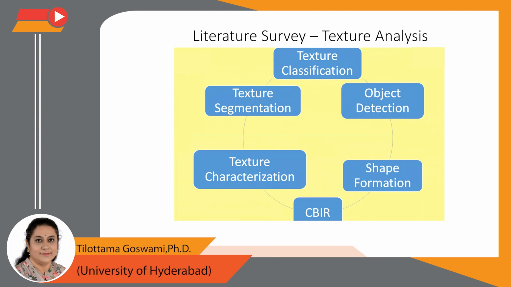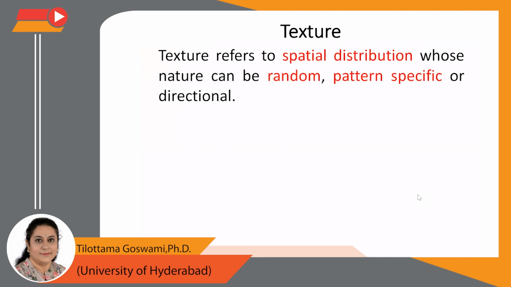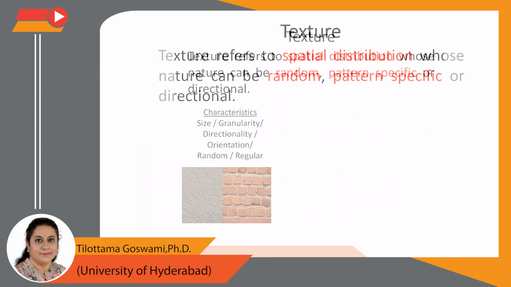So, presently in the research community, the texture plays a very important role independent of any application domain, paving the way to application independence. What is texture? It refers to a spatial distribution whose nature can be random, pattern specific, or directional.